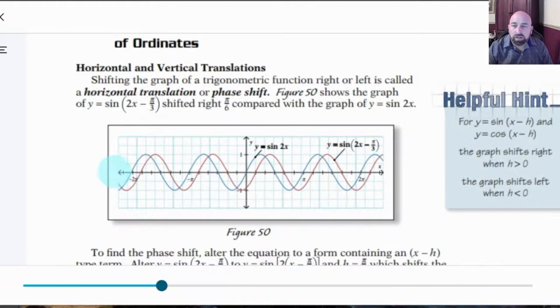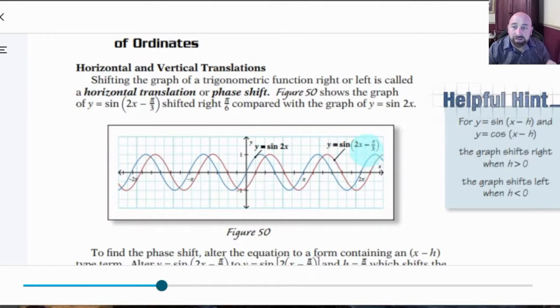So if you look down here at this graph, you're going to see a blue line. This is the original function. This is y equals sine of 2x. And then this red line here, the secondary line, is the graphing of y equals sine of 2x minus pi over 3. What is that?